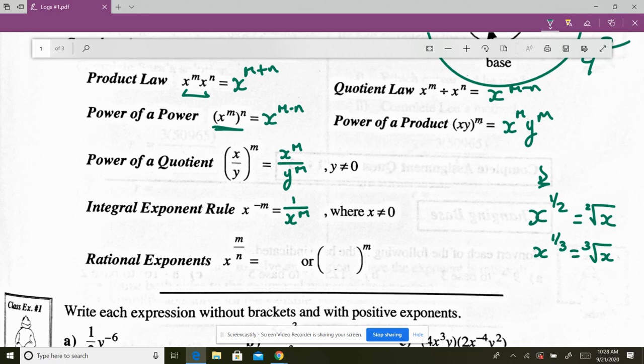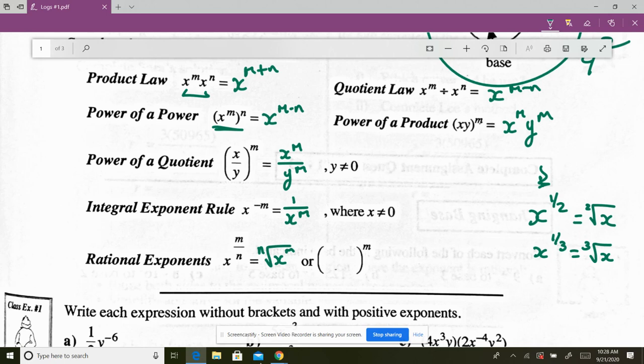So what does the bottom number tell you? What the radical is, we would say. So if it's x to the m over n, the n will tell you what root you were taking. So this is going to be the nth root of x. What do you think the m tells you? Yeah, so it's like the power, just like a regular power. So it's x to the m.